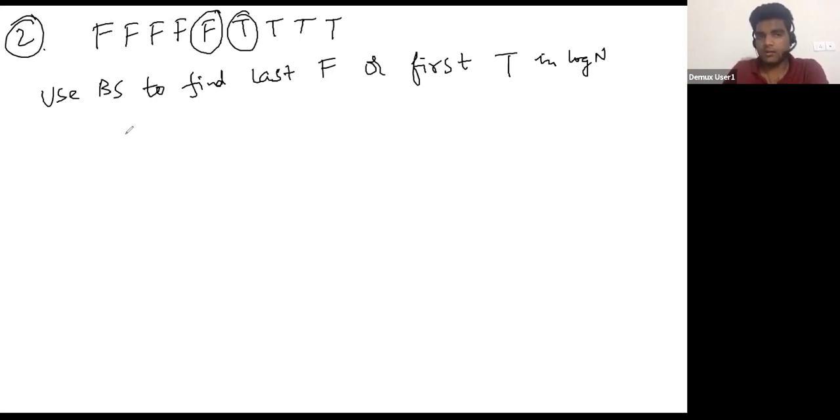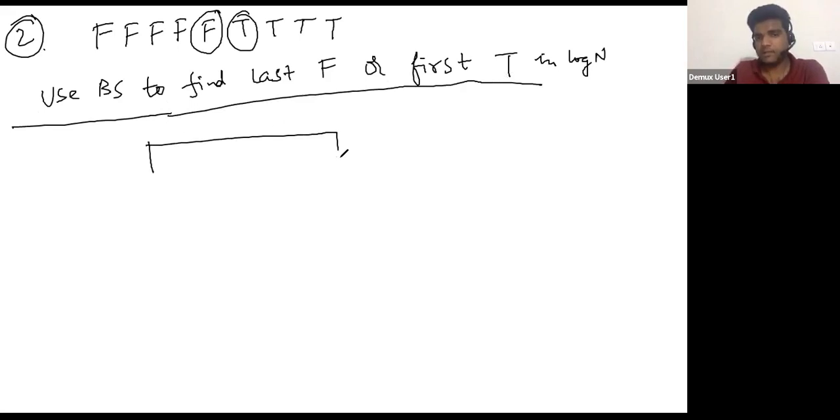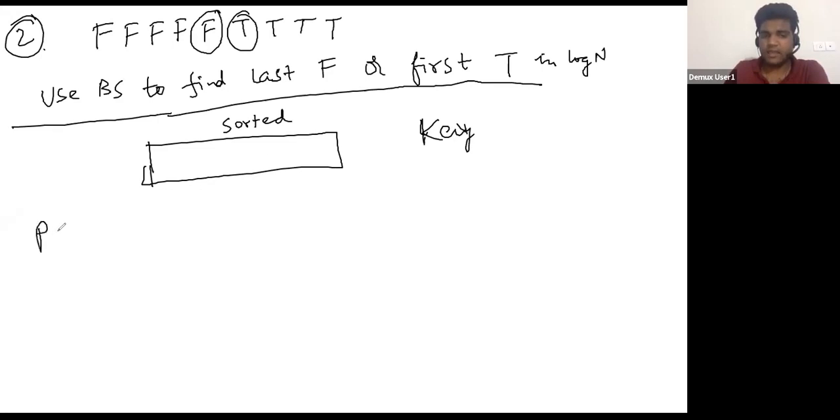So now knowing this, let's say I give you the same question wherein I tell you that I have a sorted array and I have a target. You guys are more familiar with key. So I have a key that I have to search in this array. Can you apply binary search on this?